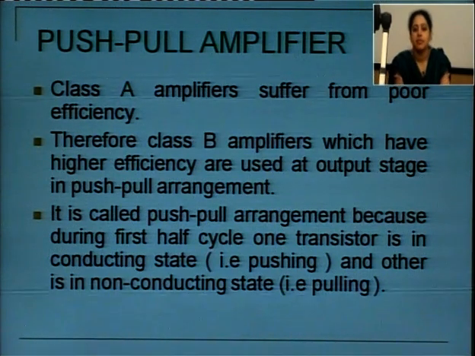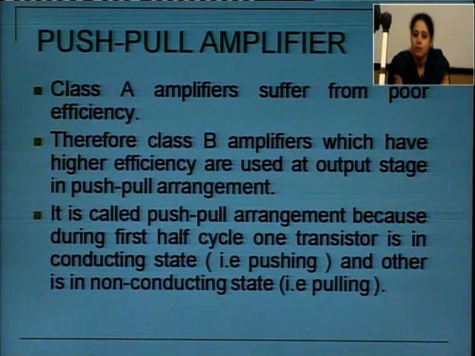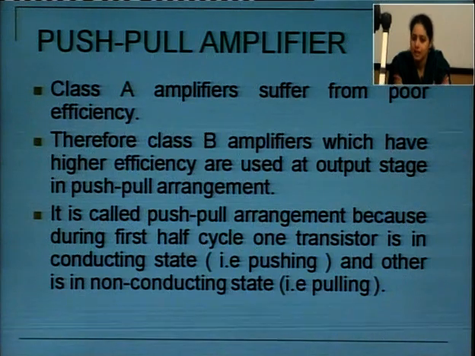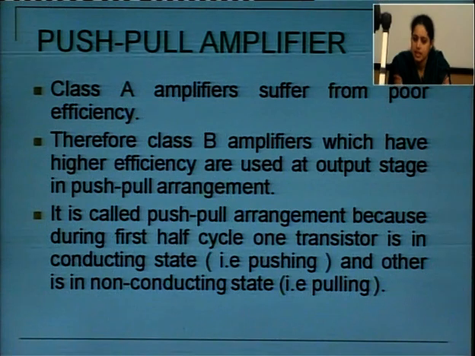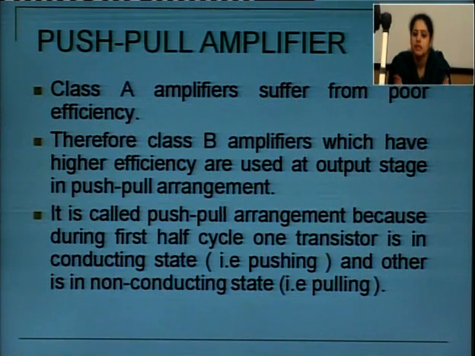Therefore, class B amplifiers, which have higher efficiency, are used at the output stage in a push-pull arrangement. We have provided two class B amplifiers in a push-pull arrangement in this push-pull amplifier. Why push-pull arrangement? Because during the first half cycle one transistor is in the conducting state, for example transistor 1 is pushing, that is, in the working stage, and the other is in the non-conducting state, that is, it is pulling.